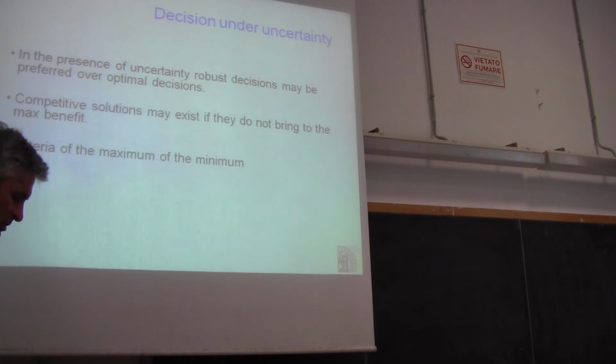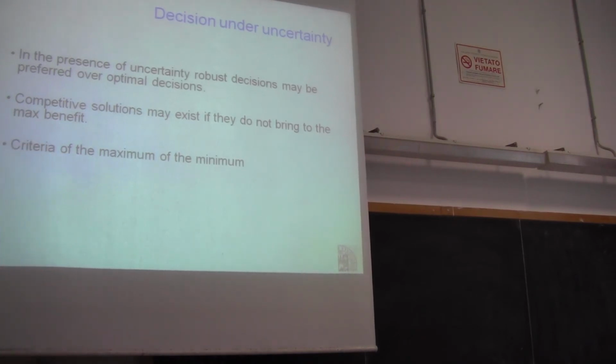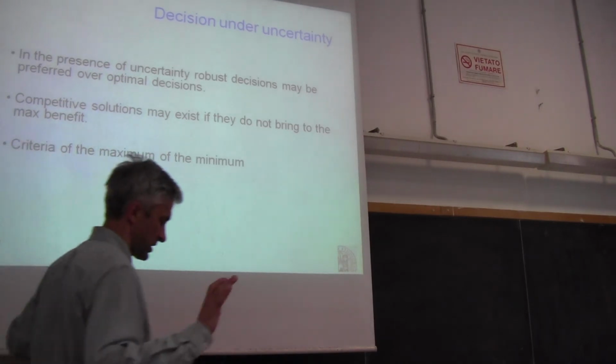For instance, we may take the decision that leads us to getting the maximum of the minimum benefit. And this is called the criteria of the maximum of the minimum. Let me explain how it works.